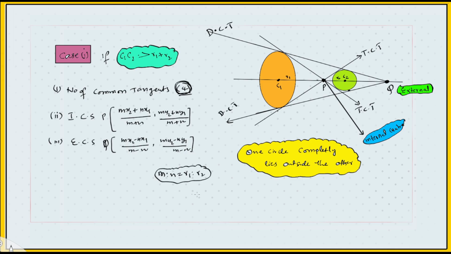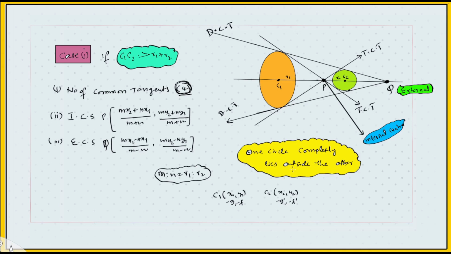And what about C1 and C2? That is x1 y1, the coordinates of center 1, that is (minus g, minus f), and C2 x2, y2 is the coordinate of the second circle, that is (minus g dash, minus f dash). So one more time, if the first condition C1C2 is greater than R1 plus R2, we can draw 4 common tangents: 2 from the internal center, transverse common tangents, and 2 from the external center, direct common tangents.